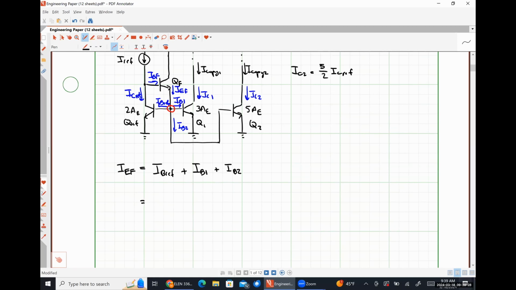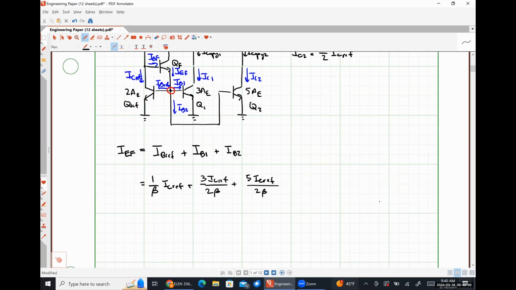So that is going to look like 1 over beta times ICref plus 3 ICref over 2 beta plus 5 ICref over 2 beta.